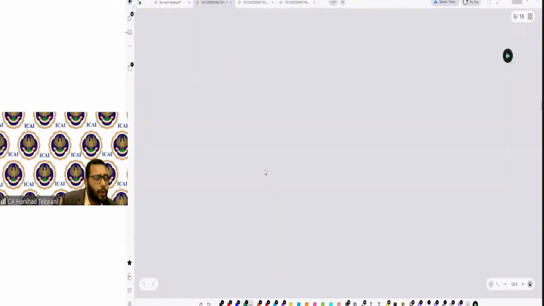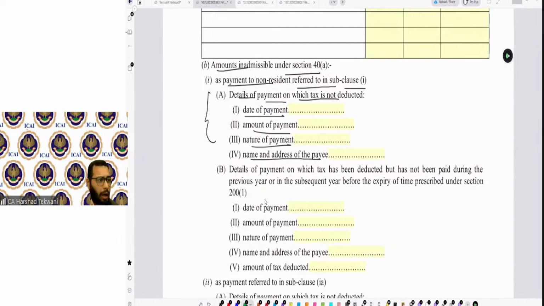So B also has various parts. B1 talks about details of payment on which tax is not deducted, B1A.